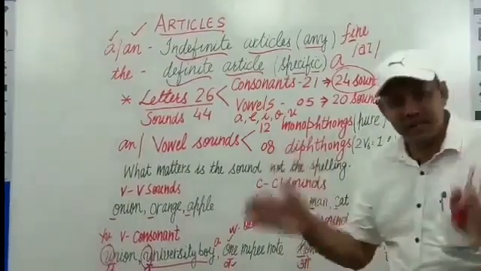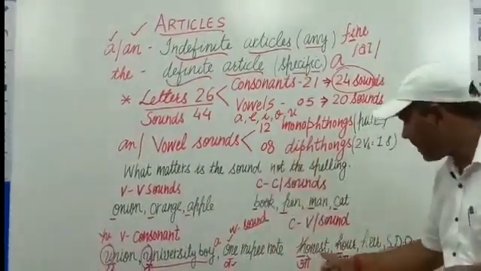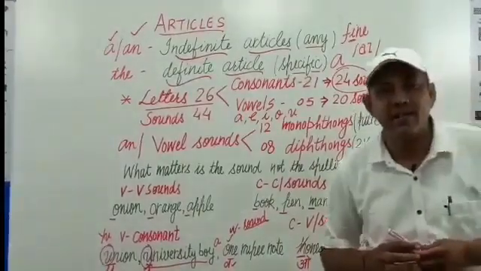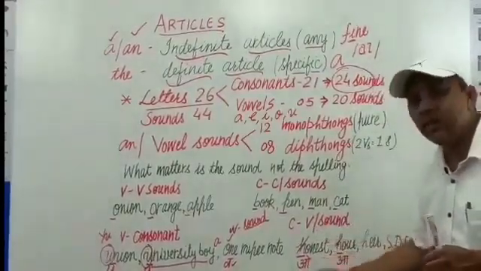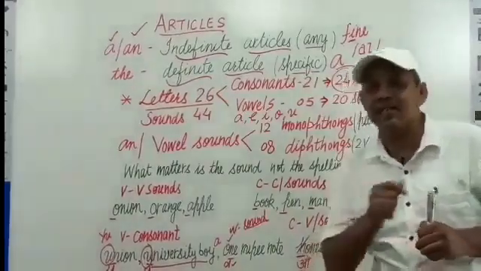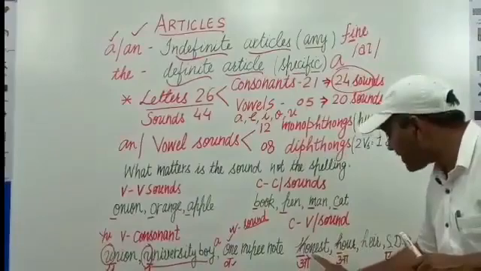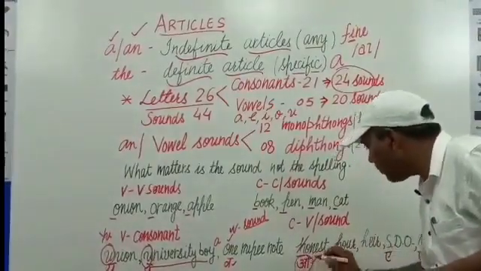Of course, there are some exceptions to this rule, but in most of the words, for example, honest, it is never spoken as hon-est with an H. If you pronounce it that way, then you will never be able to fill in the correct article. That's why it is pronounced as onest. The initial sound is O, which is a vowel sound.